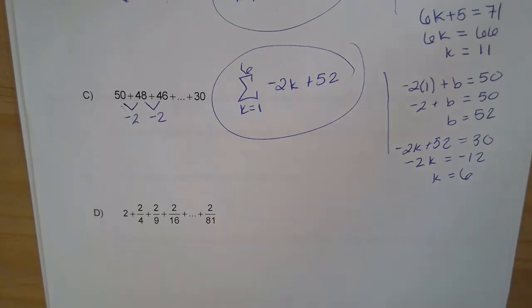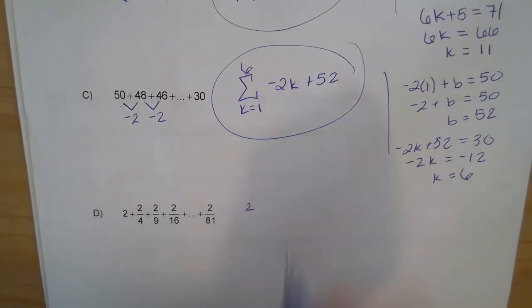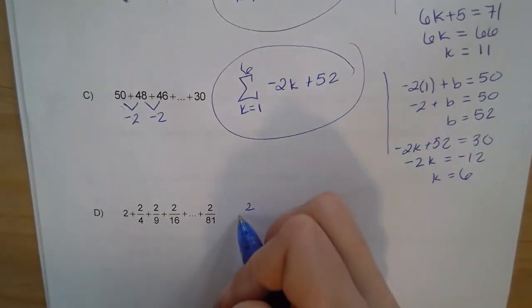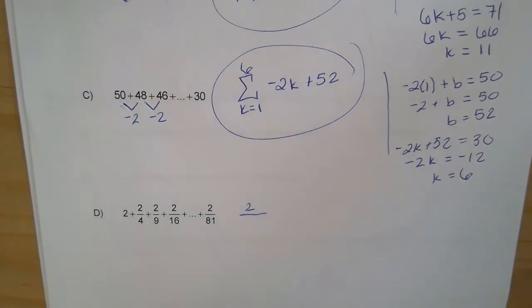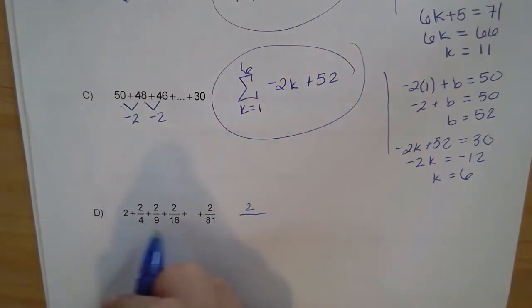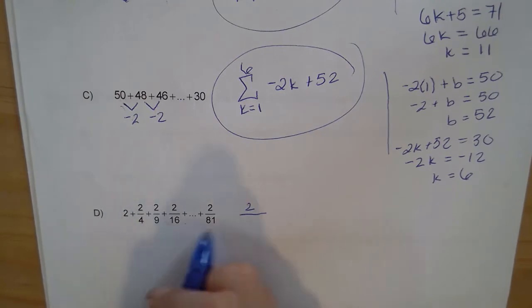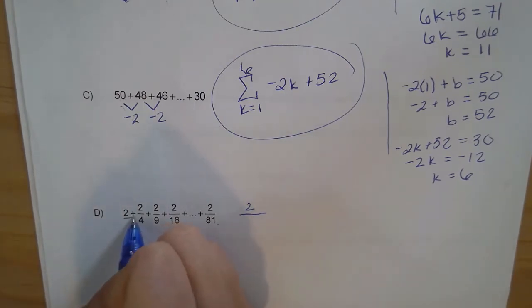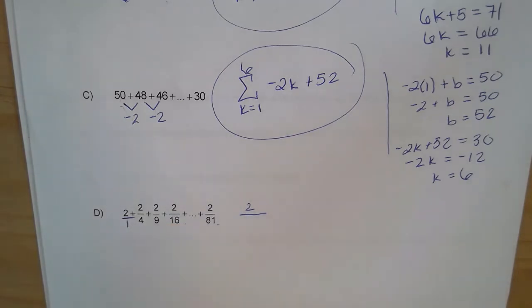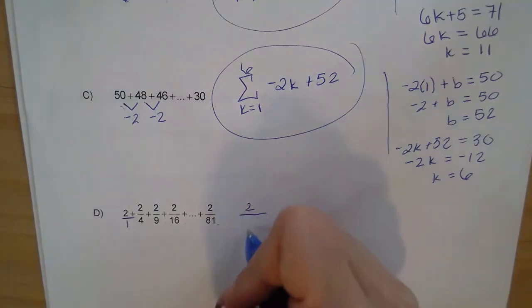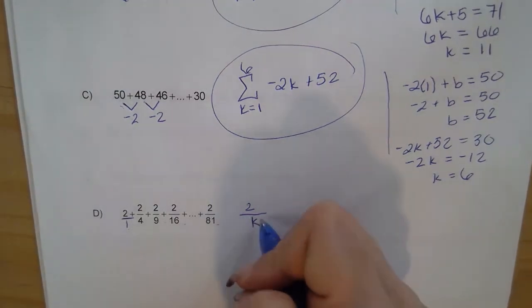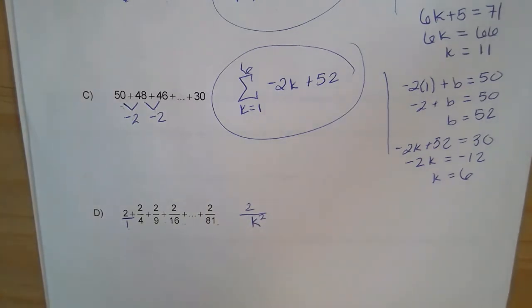So let's go back to, hey, is there a pattern I see? Well, first of all, I see that 2 is always in the numerator. What do you see with that denominator? 4, 9, 16. These are all perfect squares, right? Let's put 2 over 1. 1 is a perfect square too. 1 squared, 2 squared, 3 squared, 4 squared, and so on. So actually we're taking our term squared.